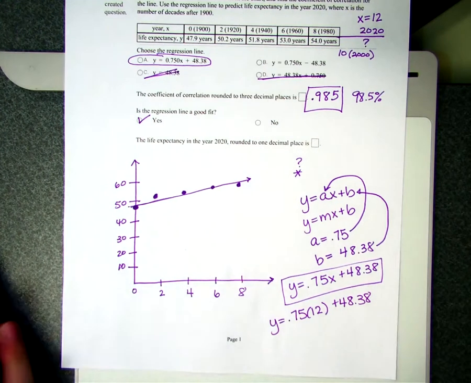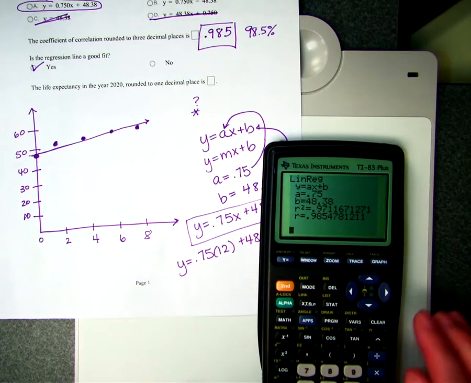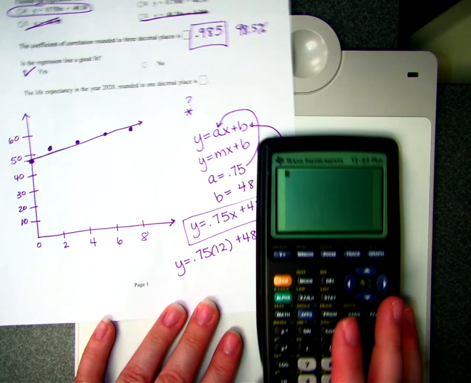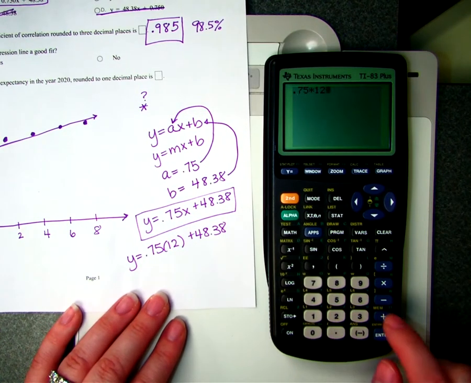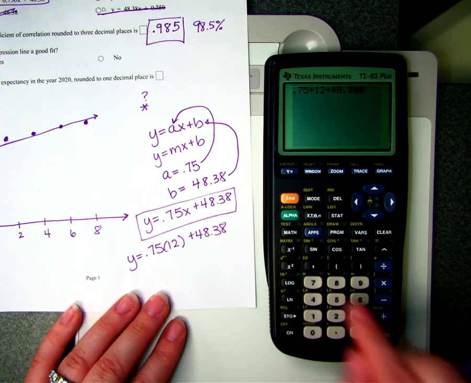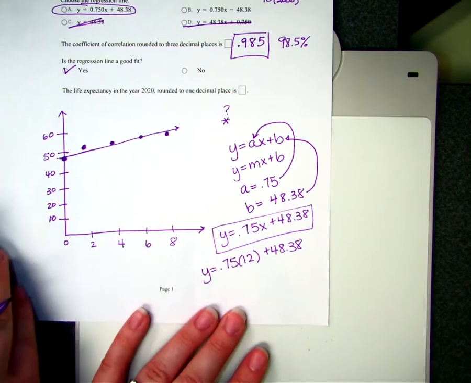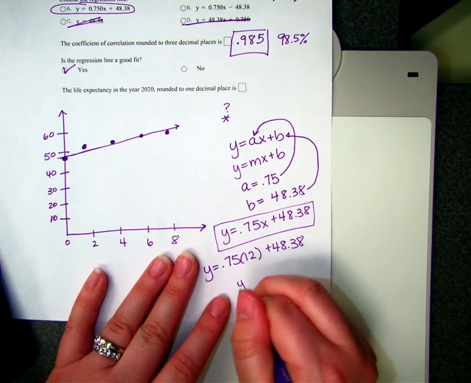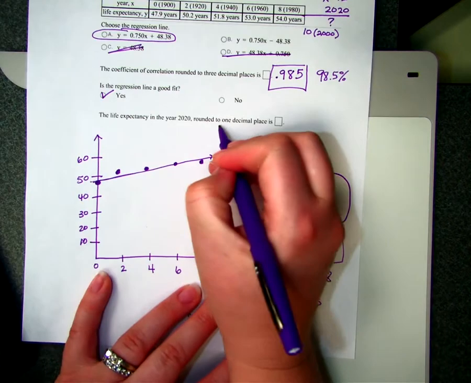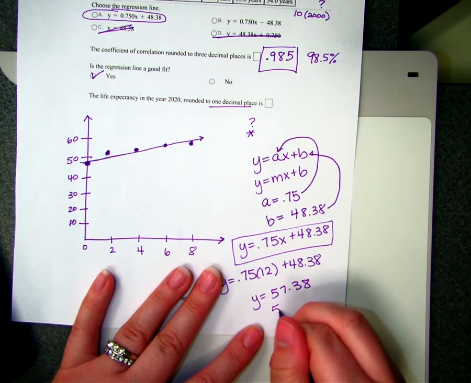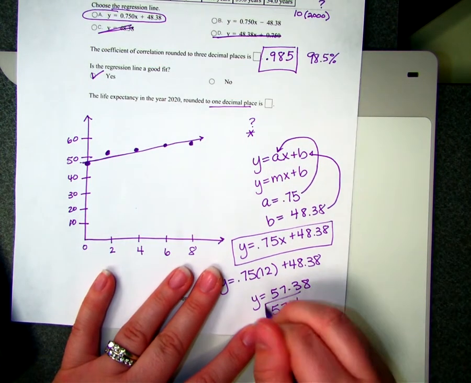I'm going to use my calculator. Clear to get out of all of that. 0.75 times 12 plus 48.38 tells me that the life expectancy in 2020 is 57.38. It tells us to round to 1 decimal place, so 57.4 years.